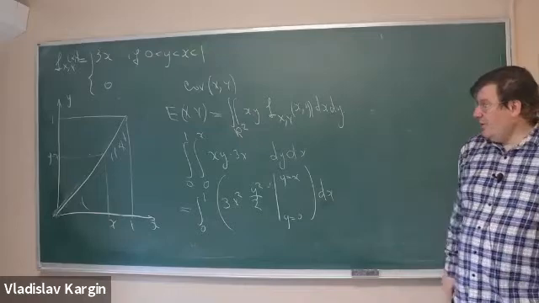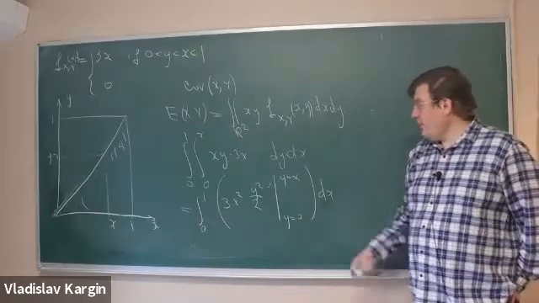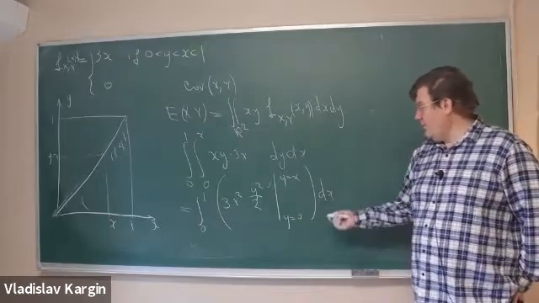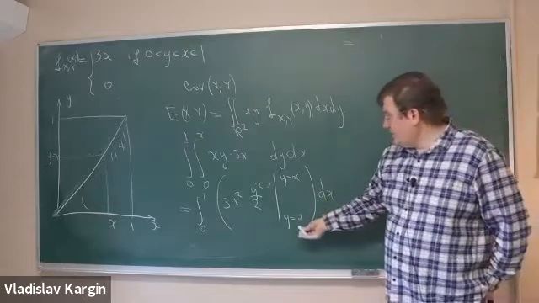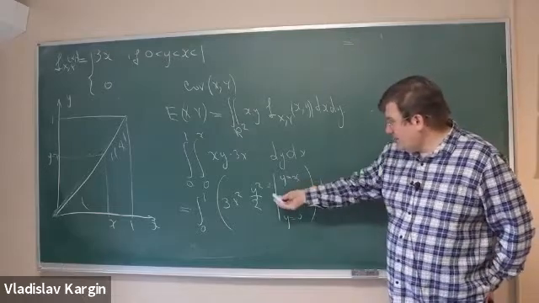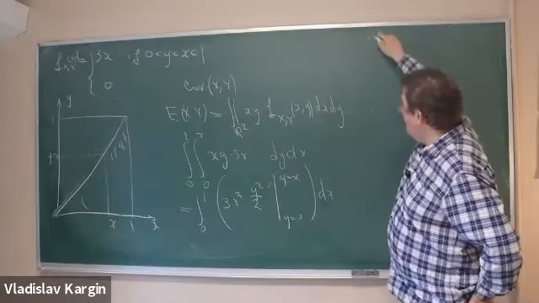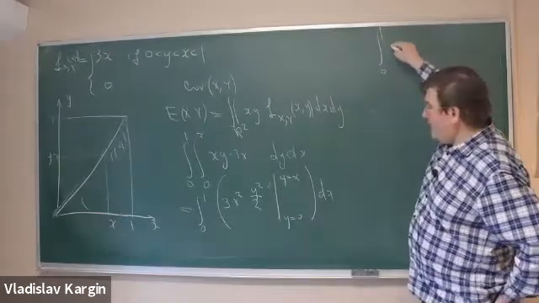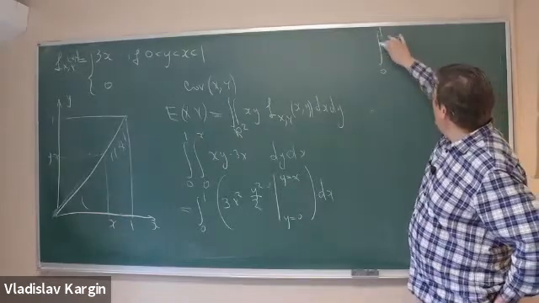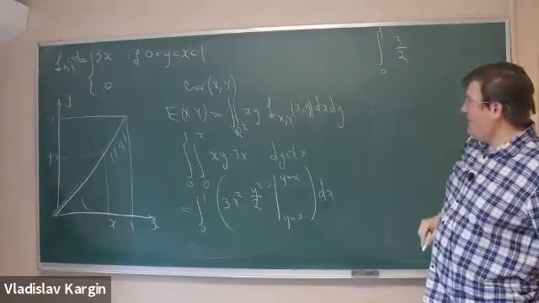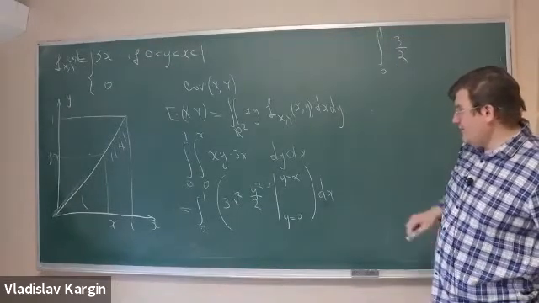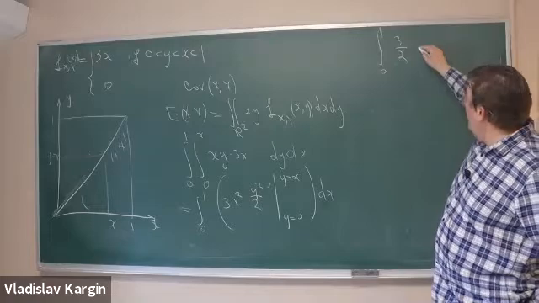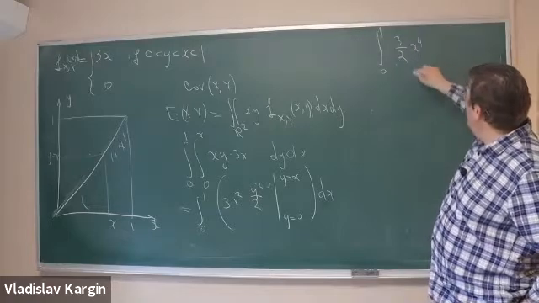So what is it? At 0 it's 0, and at x it's equal to 3 halves of x to the power of 4, dx.